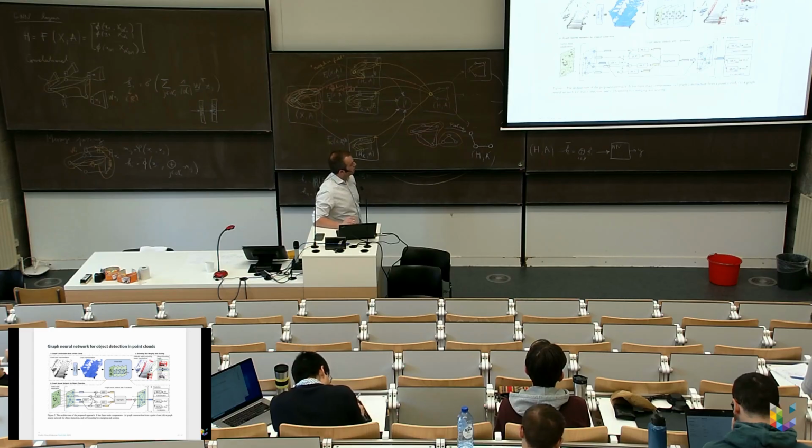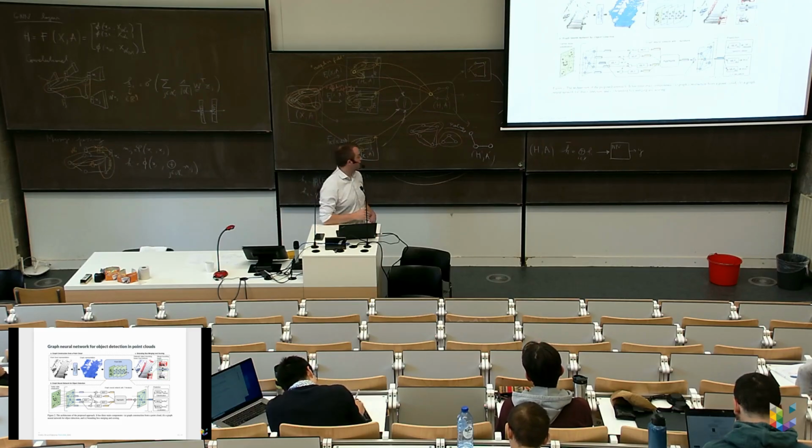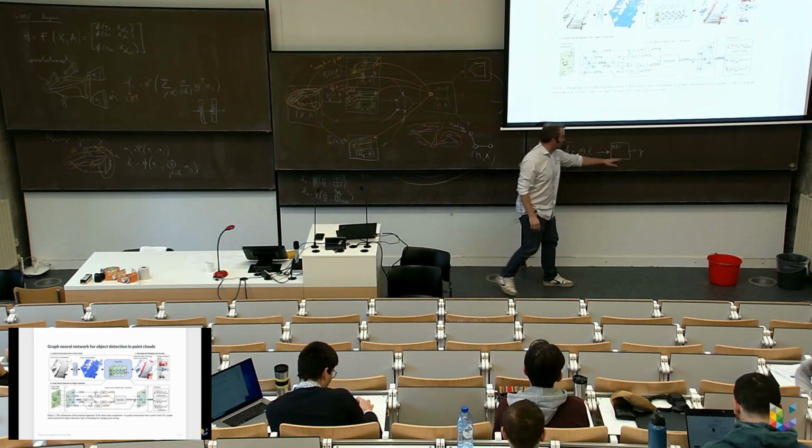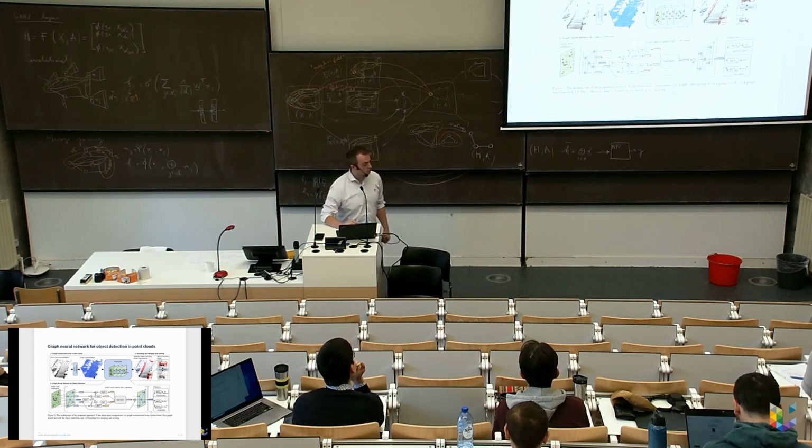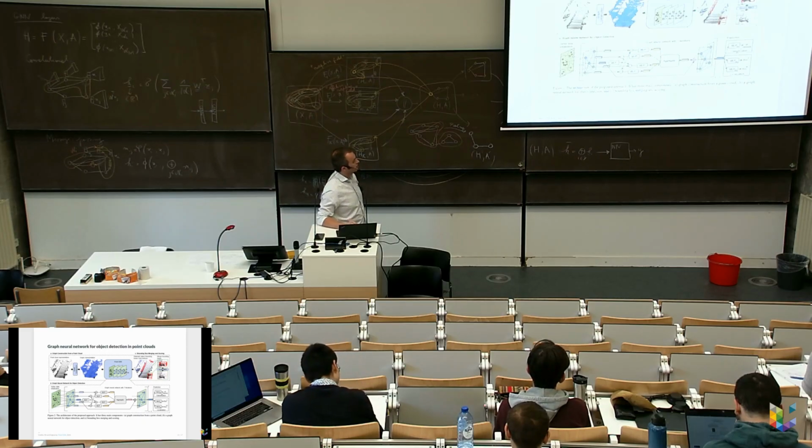And once you are at the end, in this case, it would be node level predictions. And so you associate a class for each point, each node, together with coordinates.